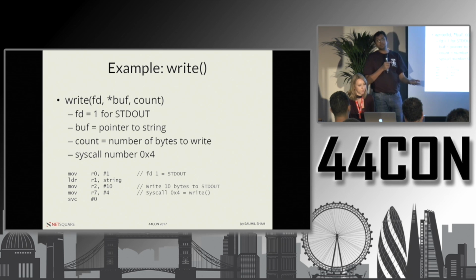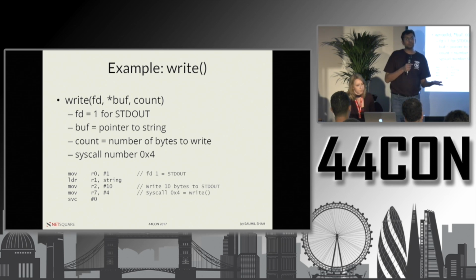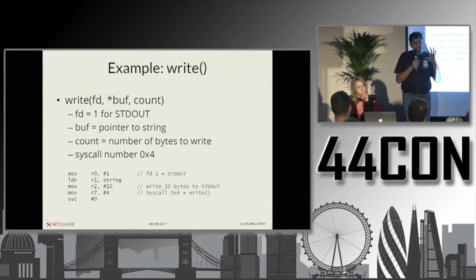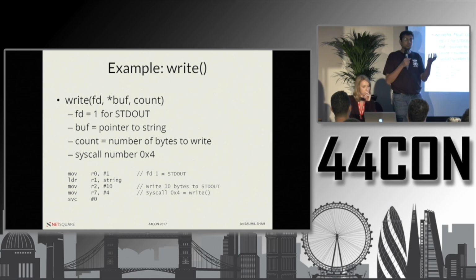Up to 4 parameters will be passed by R0, R1, R2, R3. If you have more than that, the rest can be spilled over onto the stack. That is the ARM Architecture Procedure Call Standard. So if your function has 4 parameters, compilers will generate code for register-bound parameters. More than 4, then they'll spill onto the stack.